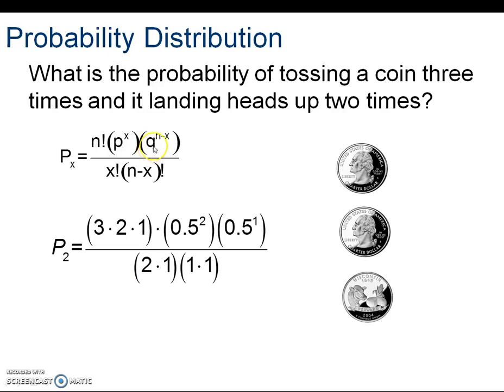Again, it's 50%, to the power of n minus x, which is 3 minus 2, which gives us 1, all divided by x factorial, 2 times 1, that's 2 factorial, times n minus x factorial, 1 factorial, 1 again. So we plug that in and we get that same number. So what I want you to do is look at these numbers and see what they are. Try to figure out how they came to be.